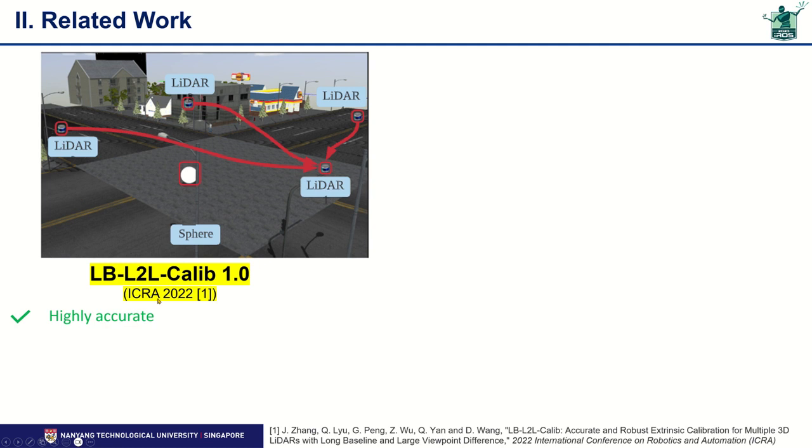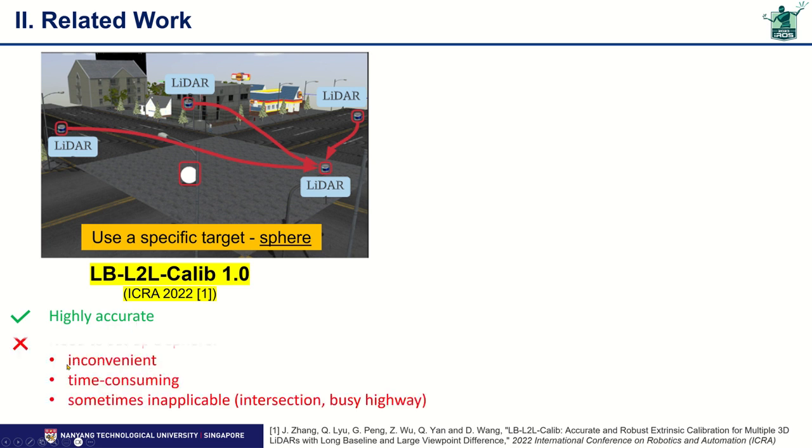In our previous work, the 1.0 version, we used the sphere as a target for the calibration. The benefit is that it is highly accurate, but we need to place the sphere in advance, so it's inconvenient, time-consuming, sometimes even inapplicable, such as at the intersection or the busy highway.